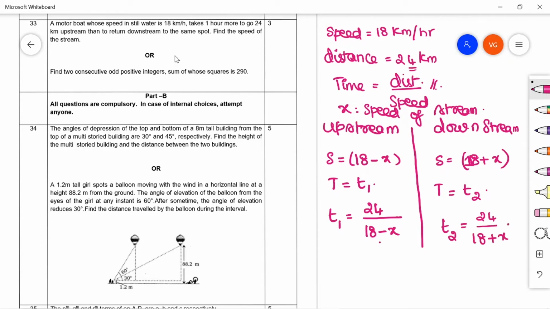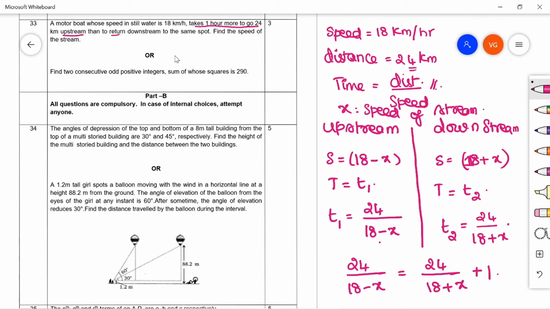Now read the question. They have given a condition. It takes 1 hour more to go 24 km upstream than to return. That is, upstream it takes 1 hour more compared to the downstream. So 24 divided by 18 minus x is equal to the downstream time plus 1.